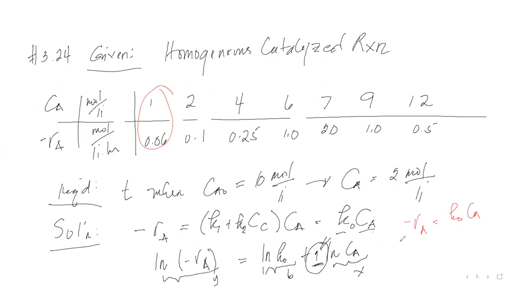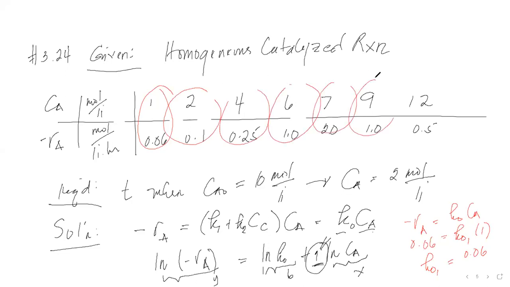So directly, I will place here 0.06 and I will have K sub O1 because that's for my first set of data. The CA value that I will place here is 1. So I will have a KO1 which is equal to 0.06. I will do the same for all of these in here.